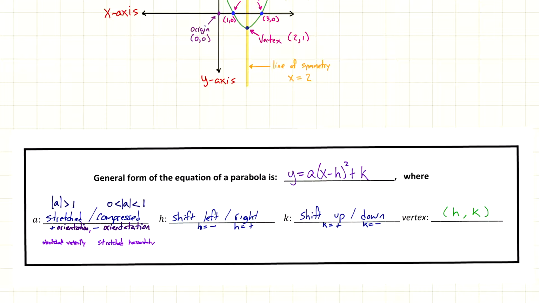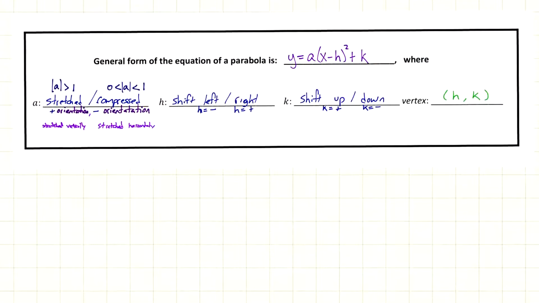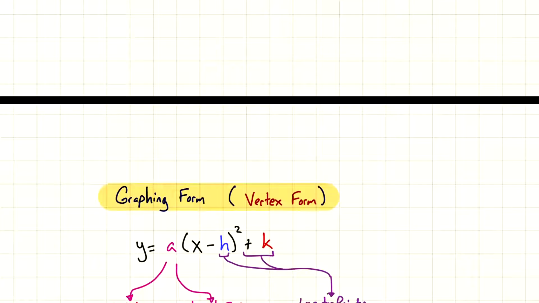So specifically, I'm going to go over these values again, more focused on our A value, which is the letter in front, and our vertex. So vertex is made up of our H and our K. So let's jump into our review of this.